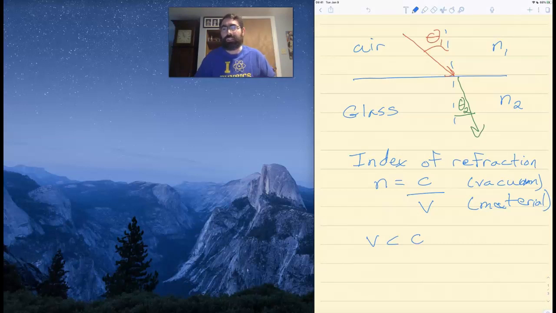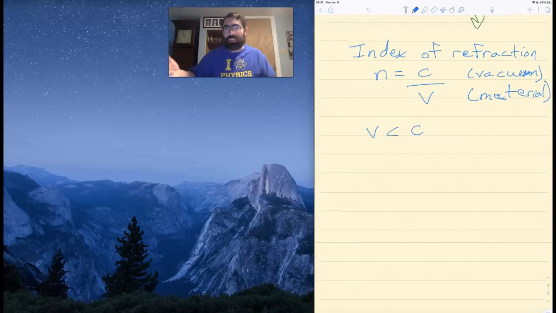And the index in glass is going to be much bigger than the index of refraction in air, because the speed of light in glass is much slower than the speed of light in air. And that's why the light bends. The light bends because it's moving slower in that material. And so in order not to go faster than the speed of light in a vacuum, the light has to bend. It has to get out of the way.